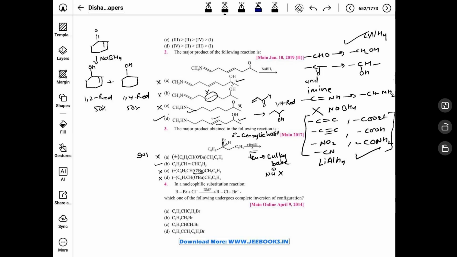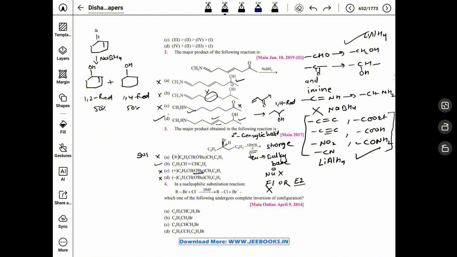So let's explain how B is forming. Since the base is bulky and it is a very strong base as well, and it is under high temperature, what is possible? The reaction follows either the E1 or E2 mechanism. Since we have a strong base, we can rule out the E1 pathway.